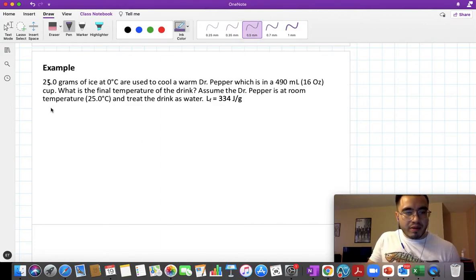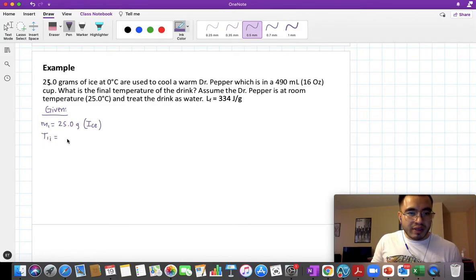So we have mass 1. That'll be 25 grams. So anything with the subscript 1 will be related to the water. I'm sorry, the ice. The ice is water, right? And then, so that means temperature 1 initial is 0 degrees Celsius.